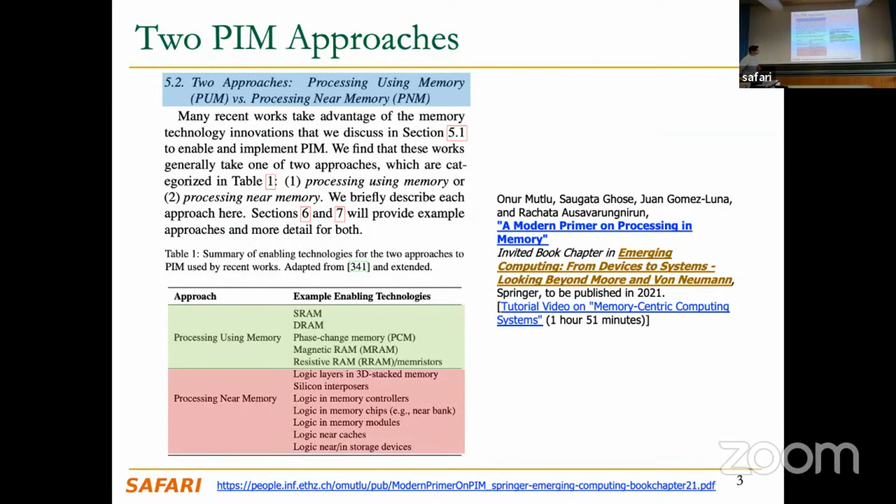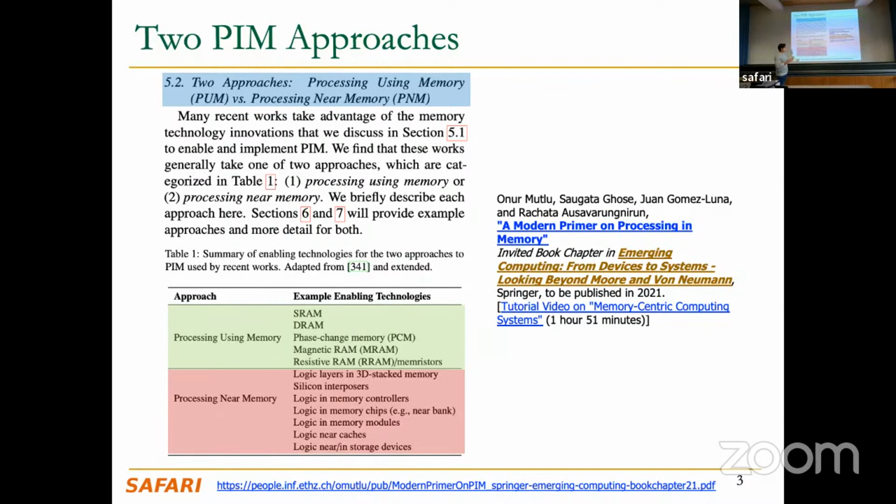Today, we are going to talk about processing near memory. In processing near memory, we will start indeed with examples of logic layers in 3D-stacked memory. Remember that 3D-stacked memory is a technology that stacks multiple layers of DRAM on top of each other in order to increase the memory bandwidth.